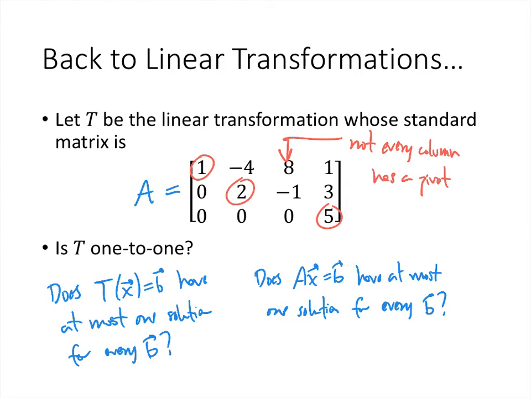And so when Ax equals b does have a solution, we're going to have lots of solutions because we'll have a different solution for every value of that free variable that we can plug in. And so the answer here will be no. So as we see, we can answer these onto and one-to-one questions using our knowledge that we already have about the matrix equation Ax equals b and when it has solutions and when it has a unique solution. And all of that is just based on where the pivots in the matrix are.